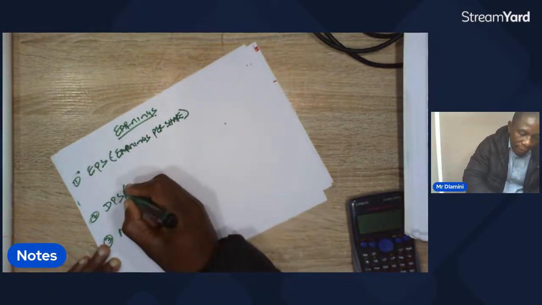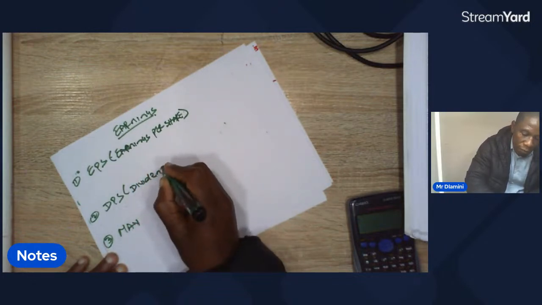Remember, EPS means earnings per share. DPS is dividends per share.